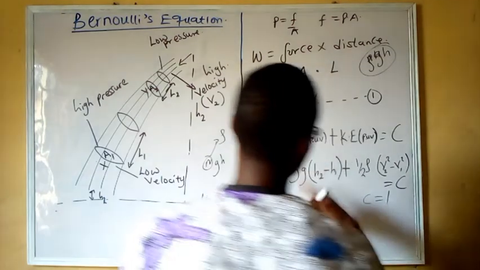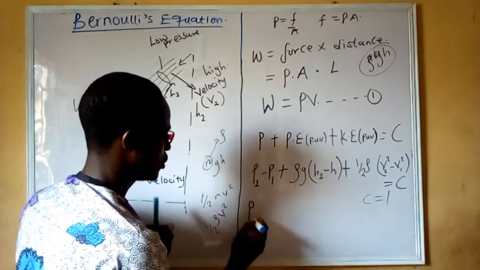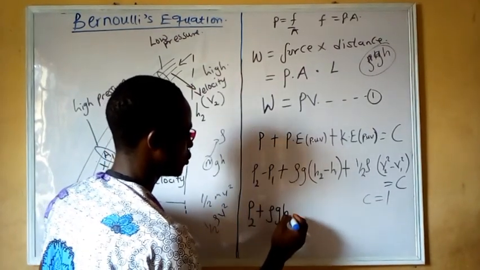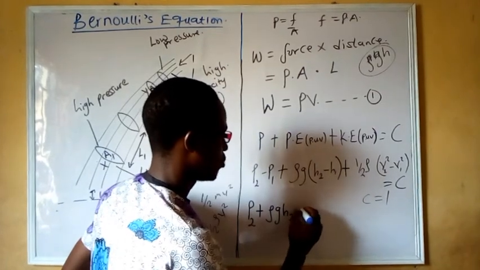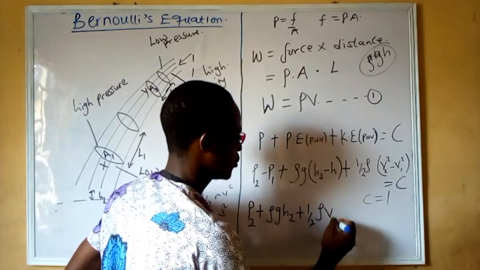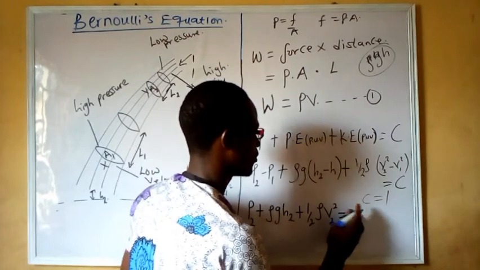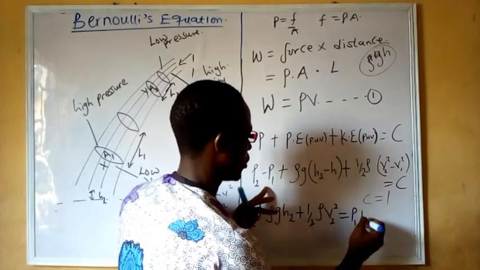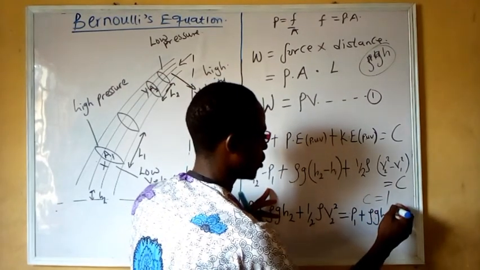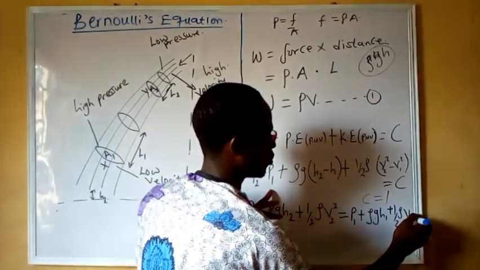From there I can rearrange, and I have p2 plus rho g h2 plus half rho v2 squared, all that are negative, we take them to the other side, equals p1 plus rho g h1 plus half rho v1 squared.